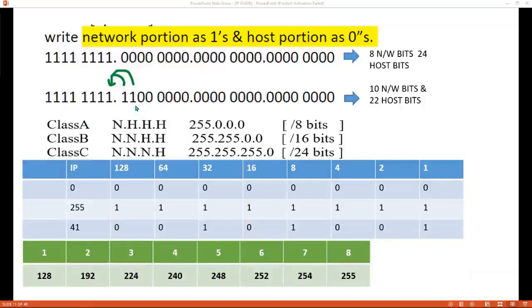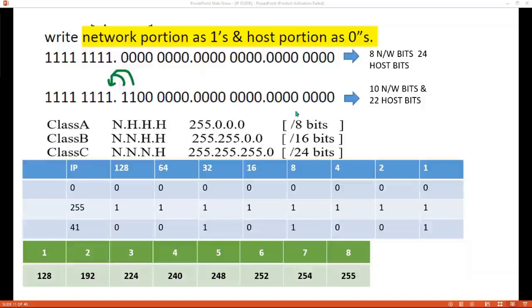For the second octet, 2 bits borrowed, so I can fill it with 192. For the third and fourth, I didn't borrow anything, it's already 0, so I can mention 0.0. Okay. So my subnet mask is now going to be 255.192.0.0.